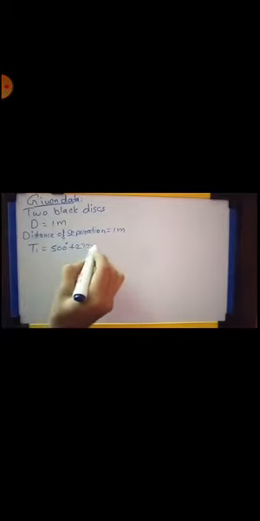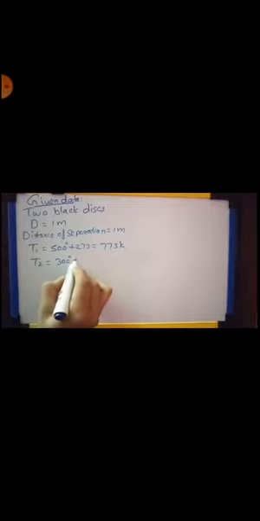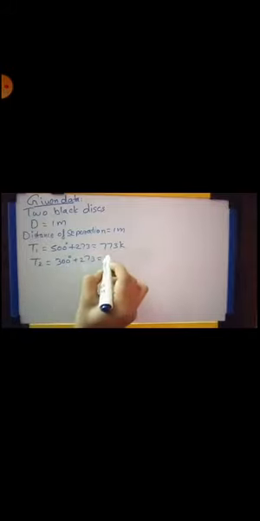Their temperatures T1 is equal to 500 degree. We have to change it into Kelvin, that is 500 plus 273, that is 773 Kelvin, and T2 is equal to 300 plus 273, which is equal to 573 Kelvin. These are the data given.